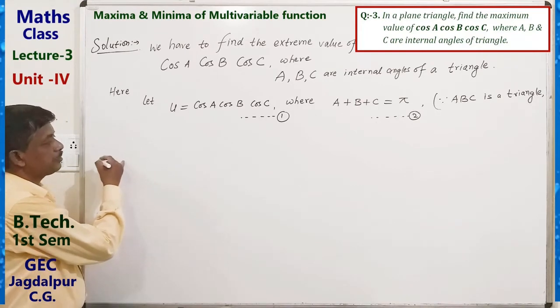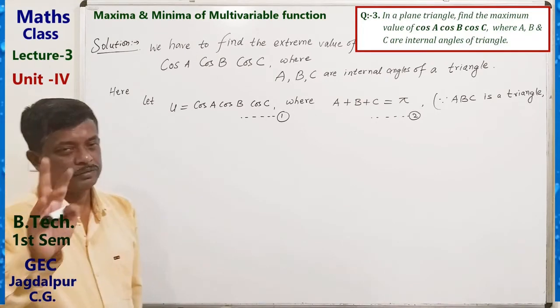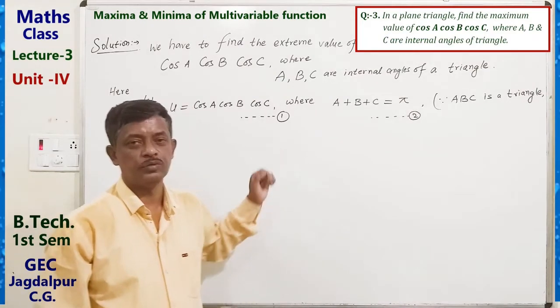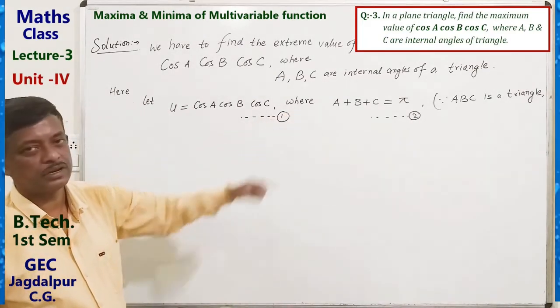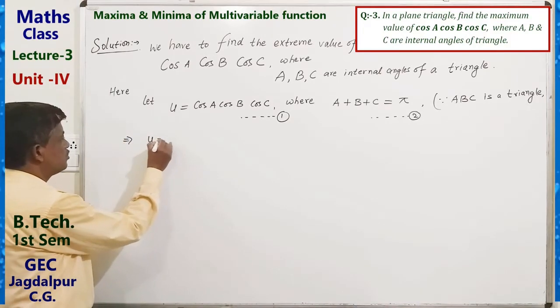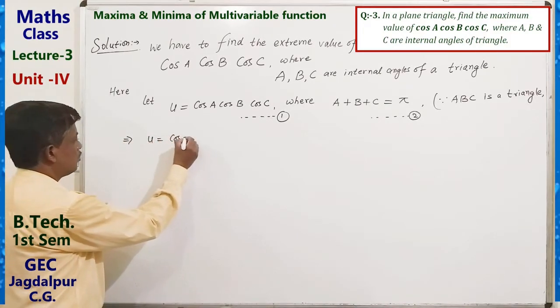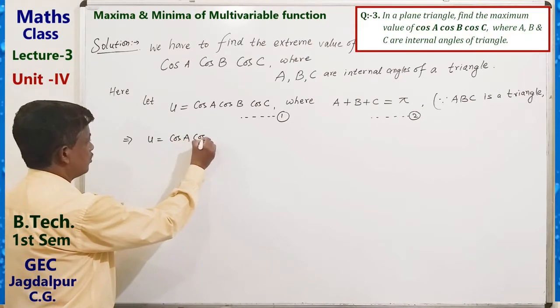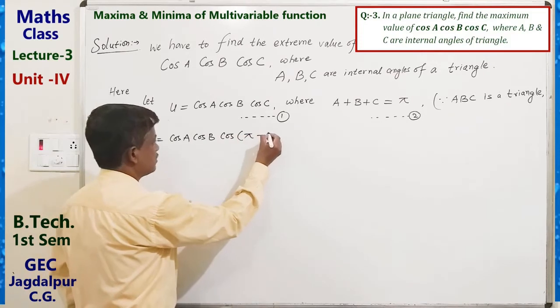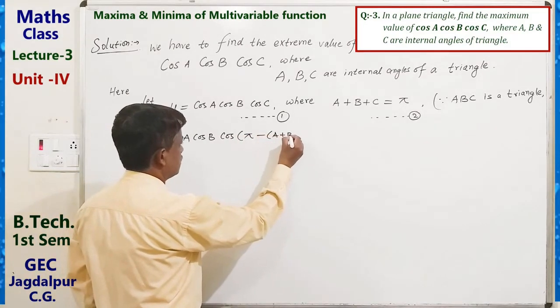Here we have a function of three variables, so we are trying to convert it into two variables. By using this relation we can write u equals cos A cos B cos of C, where C is pi minus (A plus B).